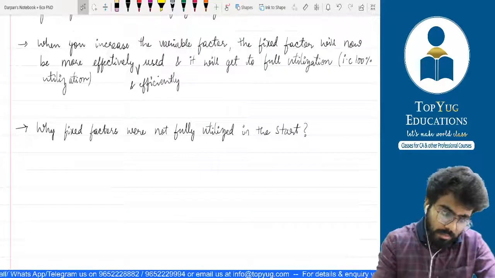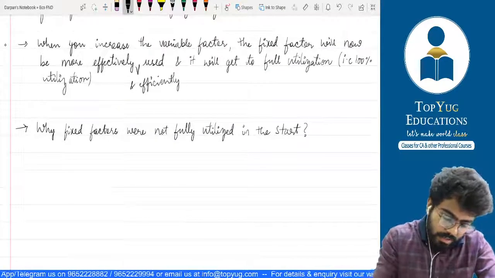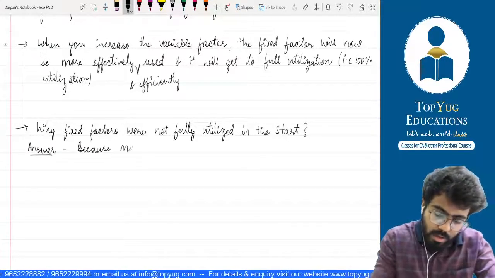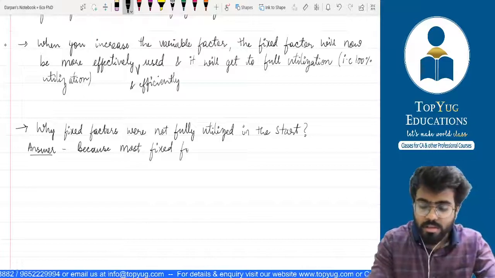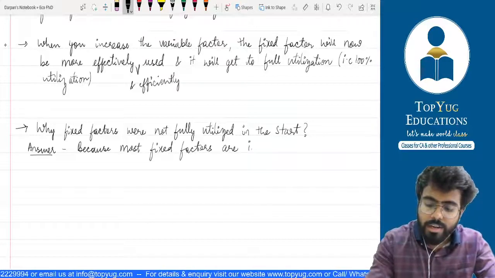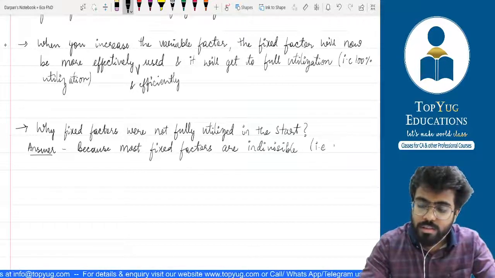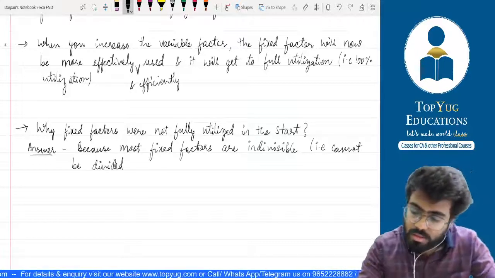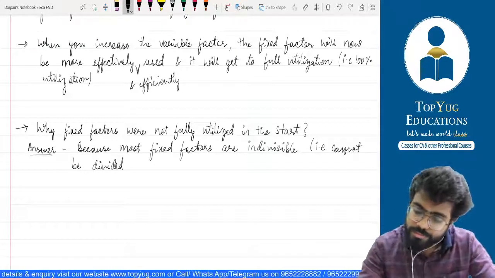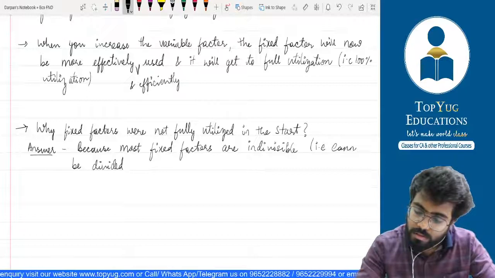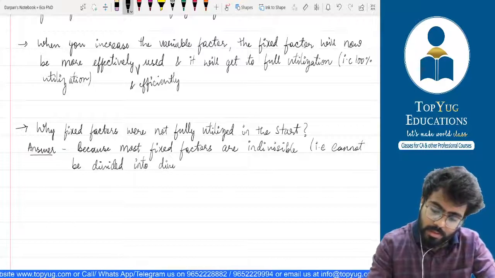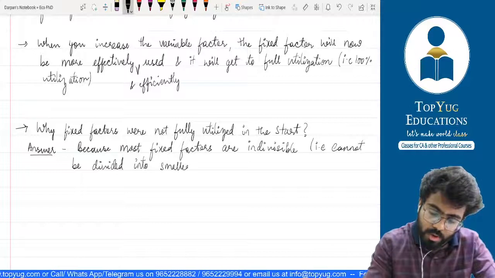So write down. Answer: because most fixed factors are indivisible, in brackets, that is, cannot be divided into smaller units.